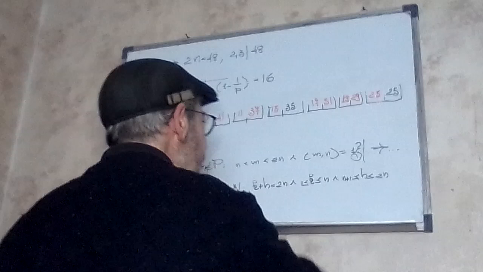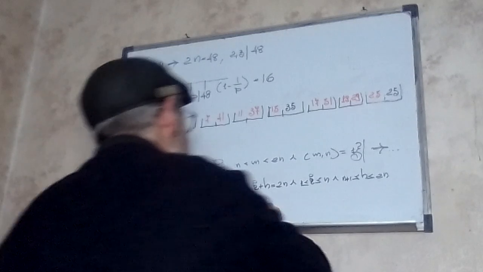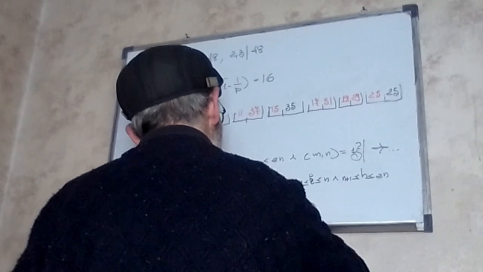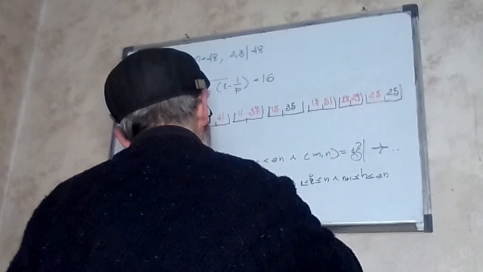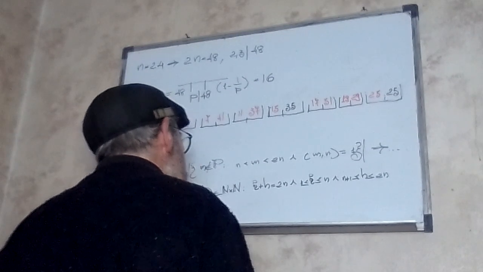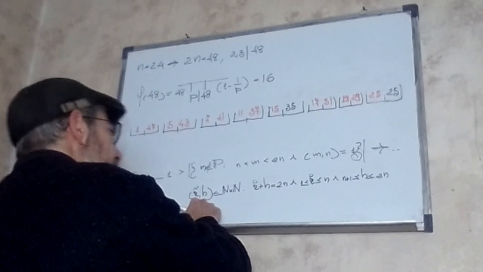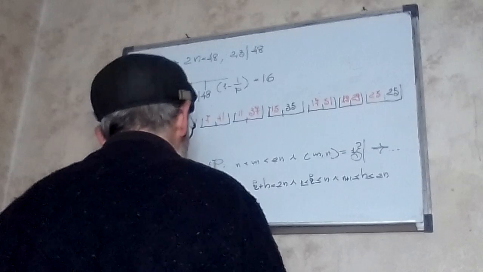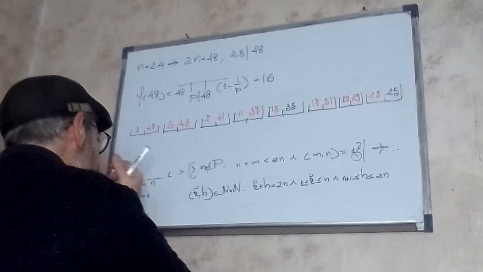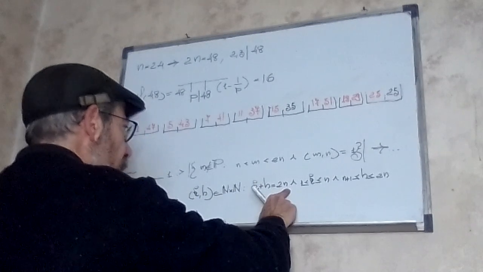And if k is not coprime to 2n, also h is not coprime to 2n. So the elements of this pair are both coprime with 2n or both not coprime with 2n.